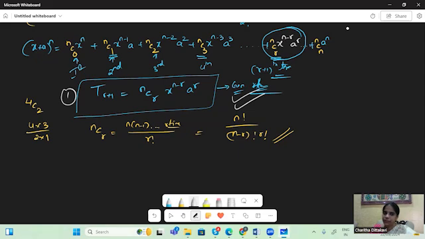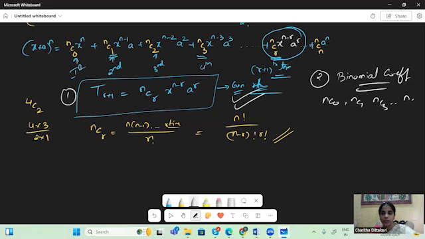Now coming to the next thing. We need a few terminologies. The second one is the binomial coefficient. So what is the binomial coefficient? All these NC0, NC1, NC2, and so on till NCN, whatever we have written, all these are our binomial coefficients. Clear? So the binomial coefficient is just NC0 or NC1 or NC3.